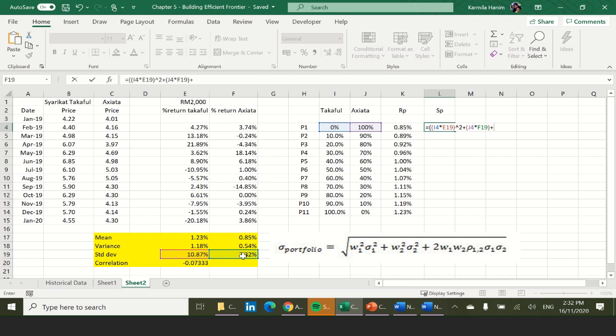and then plus with 2 times the weight for Takaful times weight for Axiata times the correlation times with the standard deviation for both.